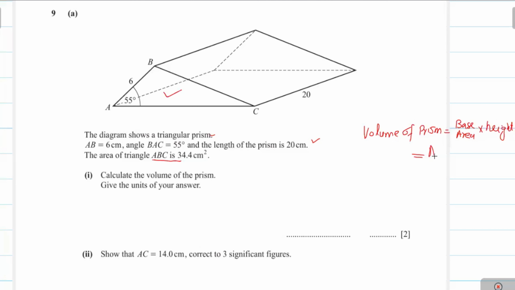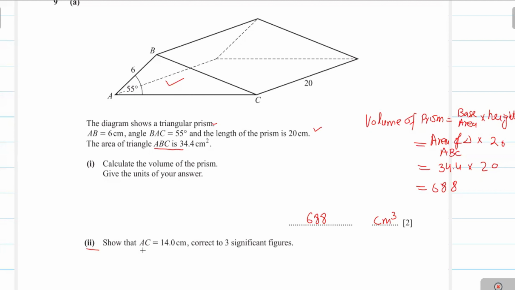We write here the area of triangle ABC multiplied by height. This is 20. The area of triangle ABC here is 34.4 multiplied by 20, and this will be equal to 688 cubic centimeters. The unit of volume is cubic centimeter, and this is the answer.